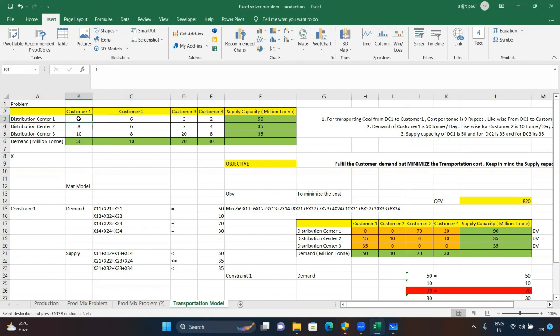Now we have denoted this cell as X11, this cell as X12, this is X13, and this is X14. Now, how have we denoted this cell as X11?